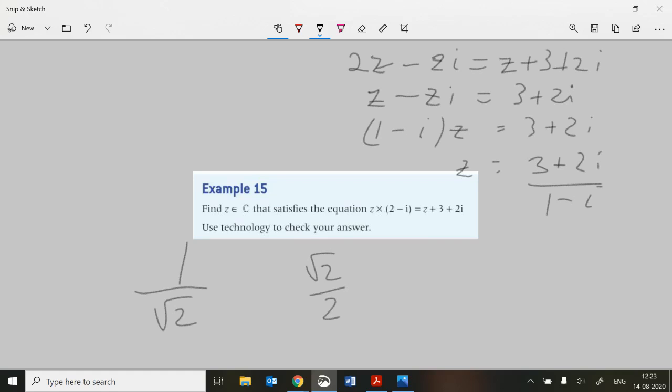We need to all agree on how we want to standardize our answers. So this one, we would times the top and the bottom by the square root of 2 to give us this answer. And just a recap on this, if we had 1 plus the square root of 2 here, then we'd need to times by 1 minus the square root of 2, the conjugate of this number involving surds here.